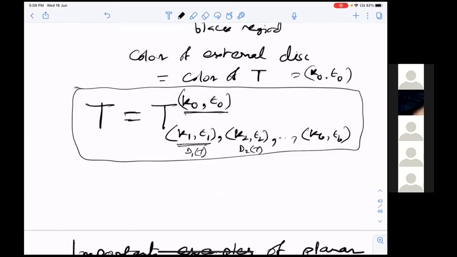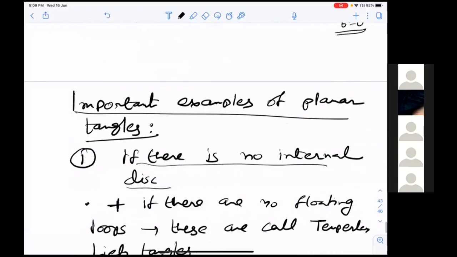And there are B many disks. B can be empty, as I said in the previous lecture, like the Temperley-Lieb. So whenever we are given this type of data, it has various meanings. This means that the external disk has color k naught epsilon naught, and each internal disk has color ki epsilon i. That is the planar tangle.